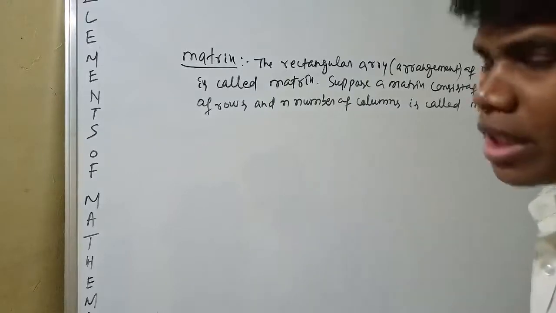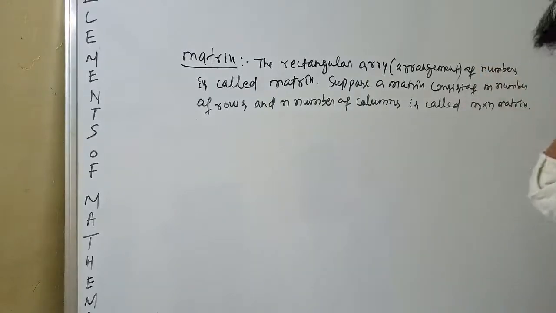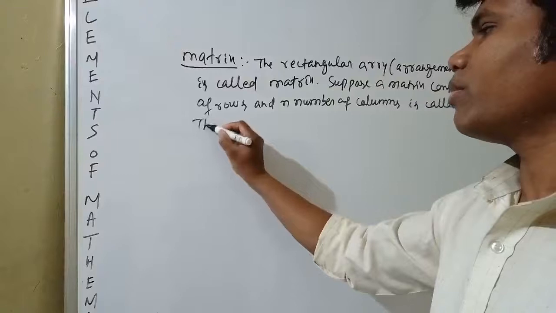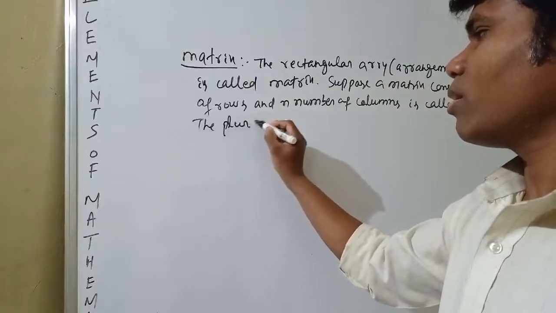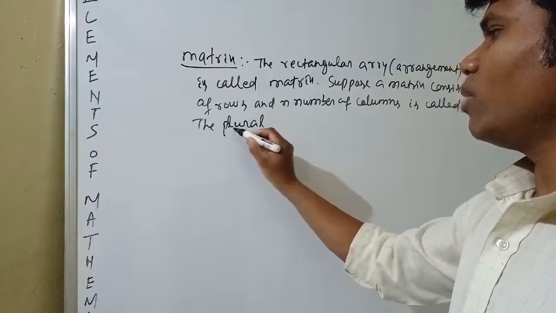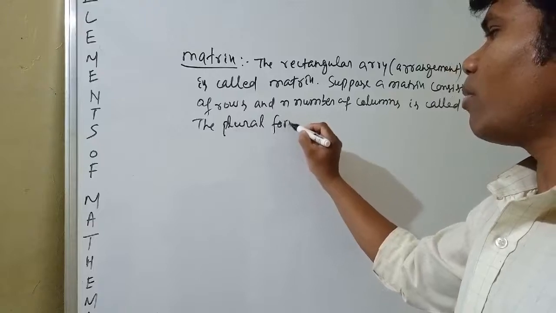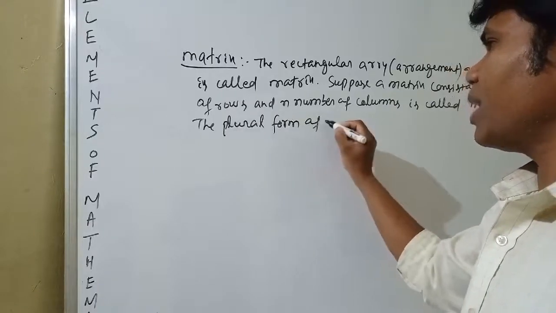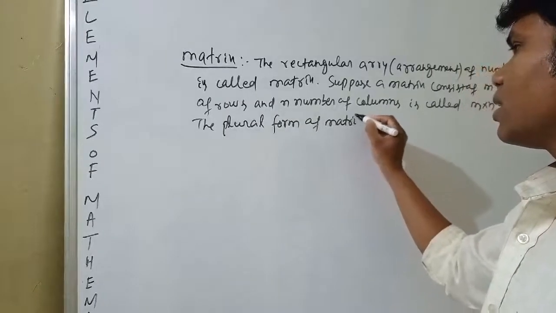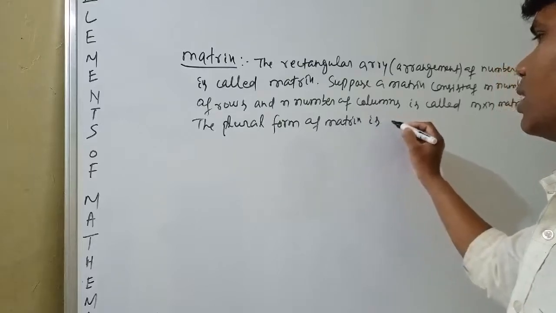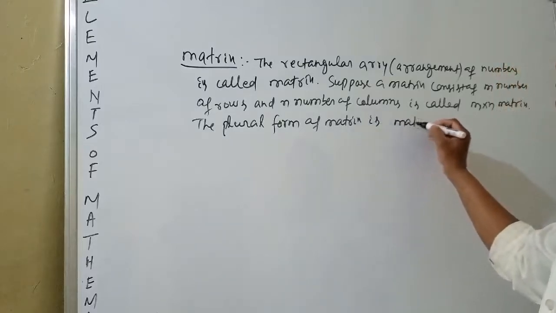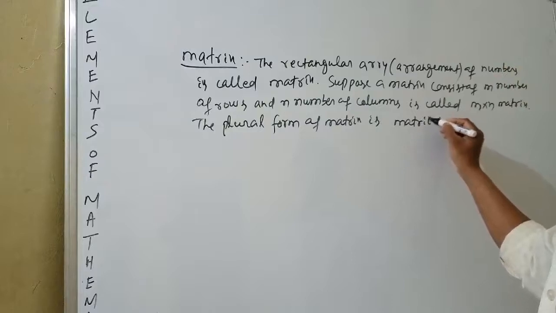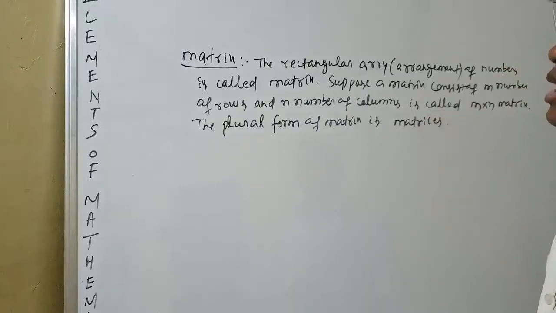So a rectangular array of numbers with m number of rows and n number of columns is called an m cross n matrix. The plural form of matrix is matrices.